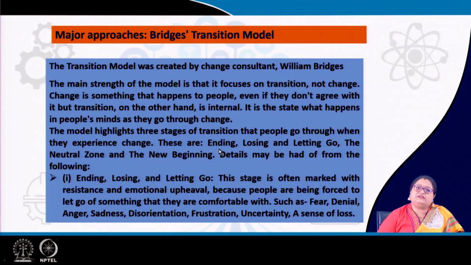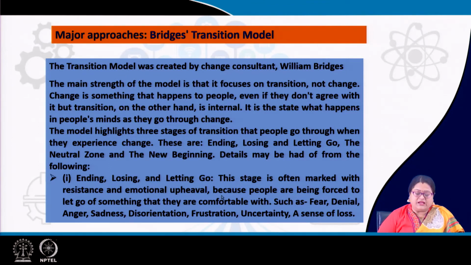These are the ending, losing, and letting go; the neutral zone; and the new beginning. The details are like this: the ending, losing, and letting go. This is the stage often marked by resistance and emotional upheaval, because people are being forced to let go of something that they were very comfortable with.